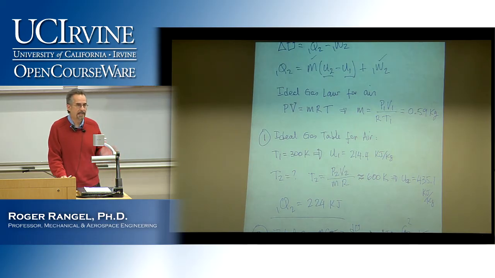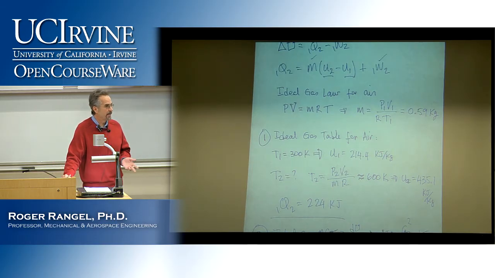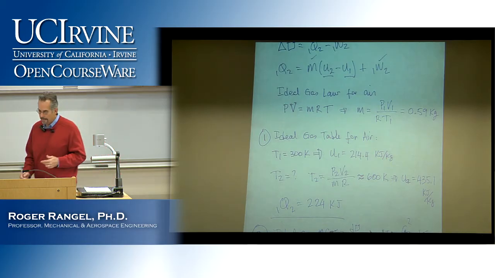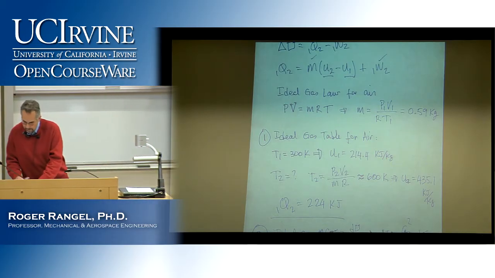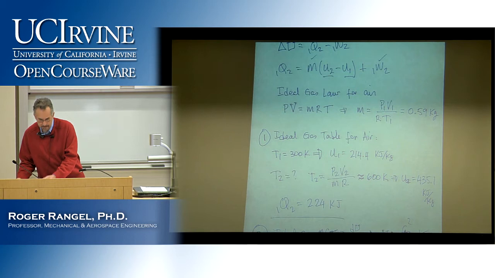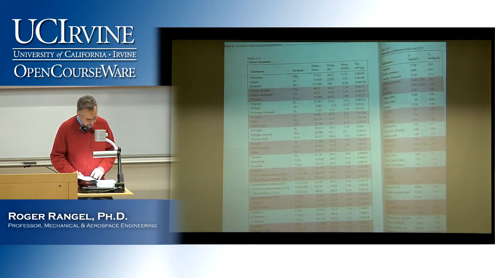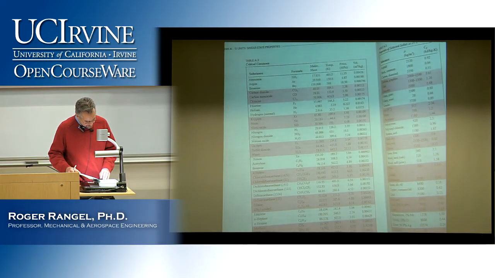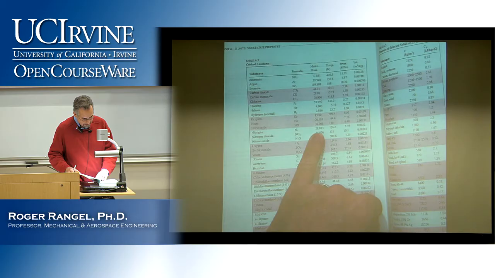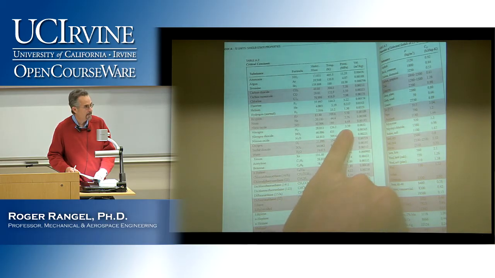Well, you know that the ideal gas law will break down if the pressure is very high. So remember, in the case of air, you're looking for the highest component, which is nitrogen. If you look at nitrogen, right here, you can see that the critical pressure is 3.3 megapascals, so 3,300 kilopascals.